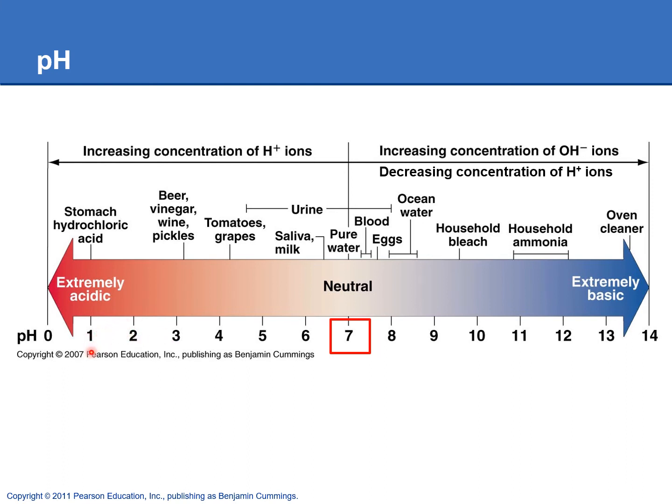So the stomach acid is going to be 100 times more acidic than the pickles would be. Okay, so that's how the scale works. And then if you go from a pH of 7 and your number is getting higher than 7, then you're getting less hydrogen ions and your pH is getting more basic or alkaline.